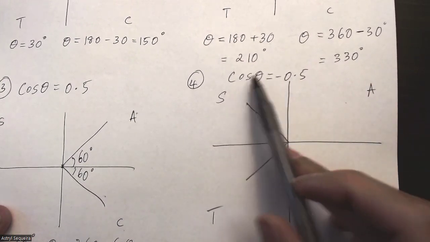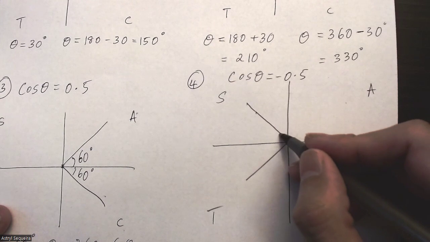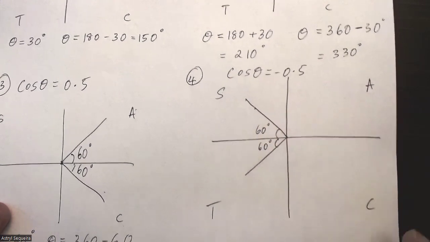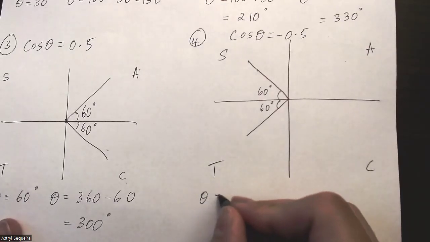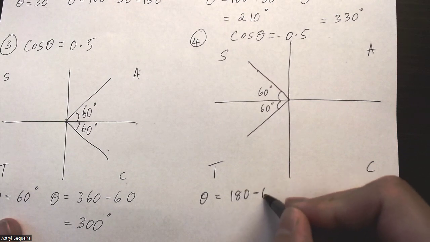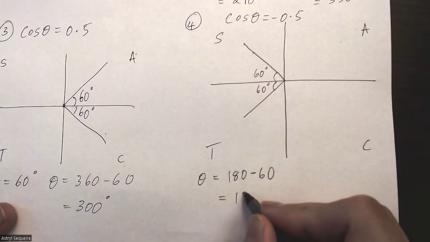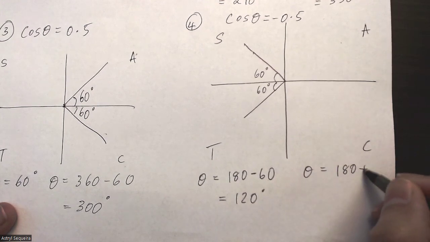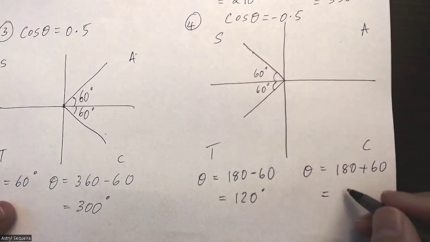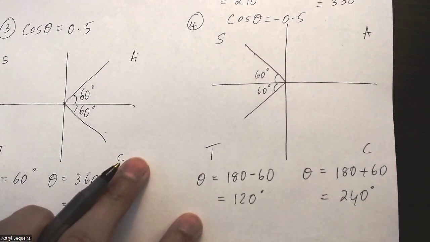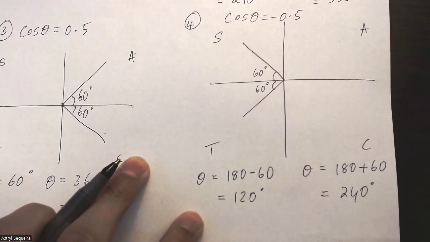For the acute angle, I'll do the cos inverse of 0.5, which will again give me 60 degrees. And then my first solution right here is 180 minus 60 in the second quadrant, which is 120 degrees. And over here, it's 180 plus 60, which is 240 degrees. So my two solutions to these questions are 120 and 240 degrees.